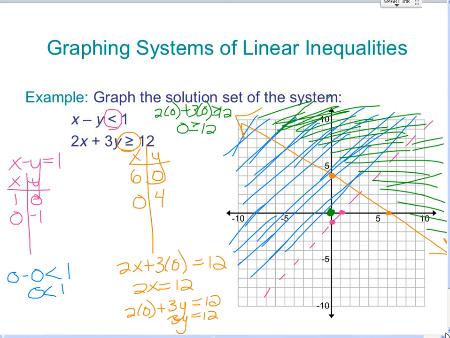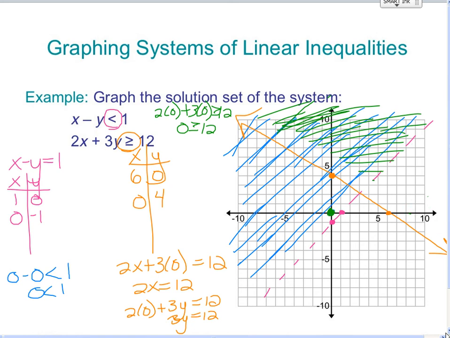Now, to get the actual answer, remember with the system of equations, what we were looking for is where the two lines crossed. Well, for this one, we're looking for where the two shadings cross. If you look on the right side, all I see is green. In this region right here, there is no green and blue, so I'm going to erase that because that's not part of the answer.